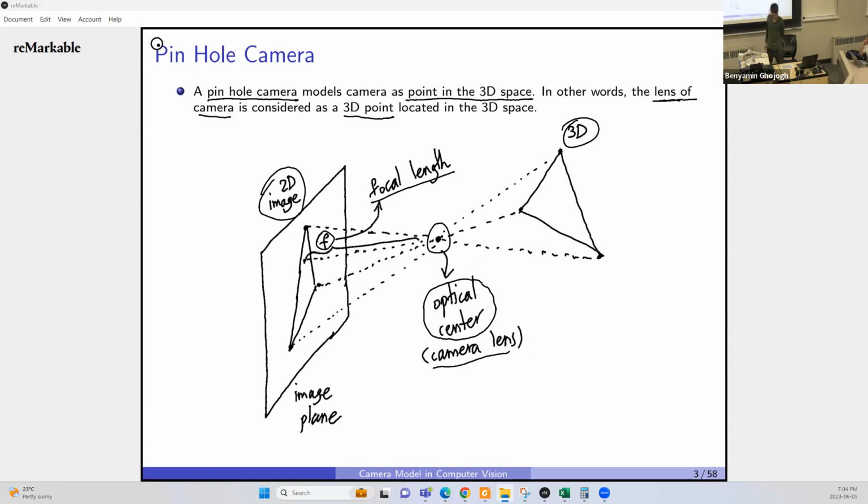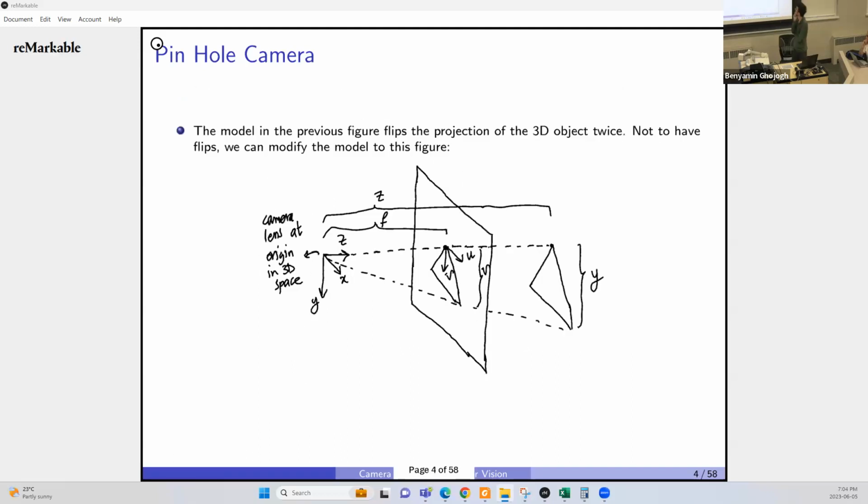There is a problem here, and that's the flipping. Let's simplify the model. The model that we saw flips the object twice, right?